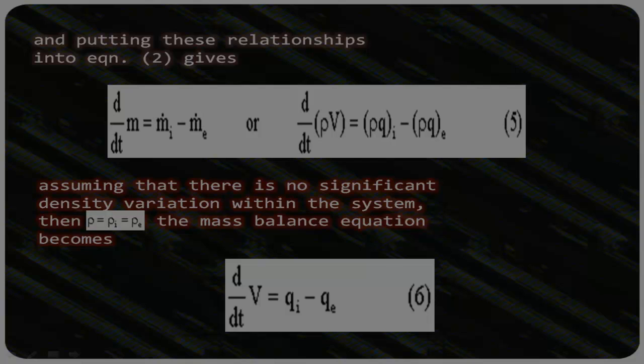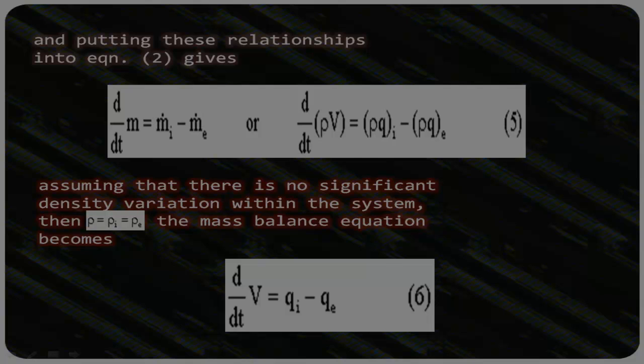Now we assume that there is no significant density variation within the system. So, rho is equal to rho i, which equals rho e. Then the mass balance equation becomes the change in volume over the change in time is equal to Qi minus Qe. In many situations, the inlet and exit volumetric flow rates may not be equal.